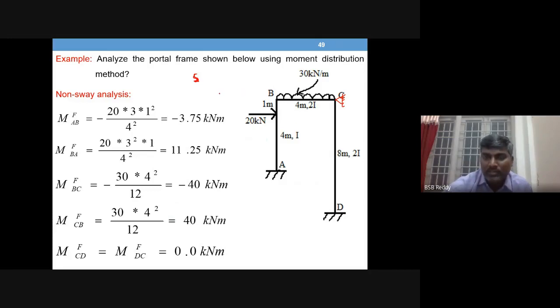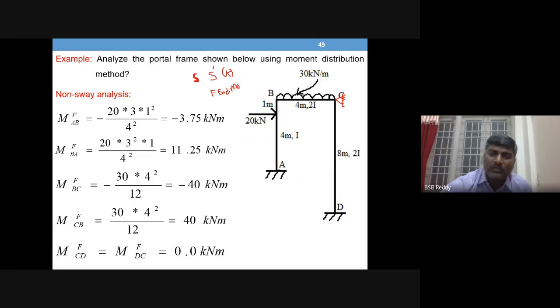Then take arbitrary values satisfying that ratio, then perform the moment distribution, find S dash by free body diagrams of columns and then the total free body diagram of the frame, then find the sway correction factor, then multiply this sway correction factor to the end moments found from sway analysis, to get the final end moments.